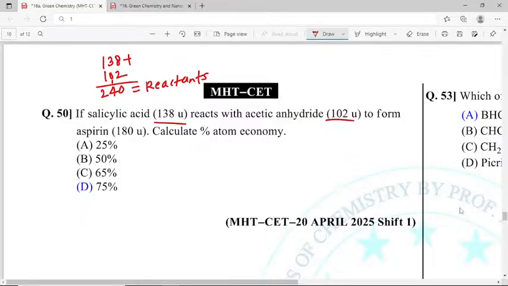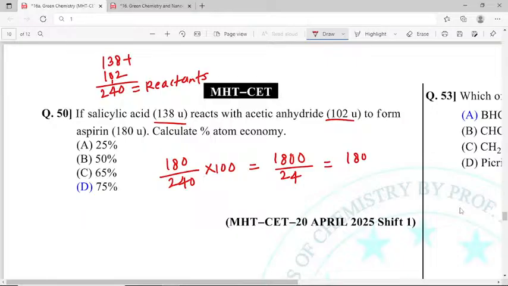Aspirin is the product. So 180 divided by 240 multiplied by 100. The 0 gets cancelled, so 18 divided by 24, again 180 divided by 2.4. Okay, so we will get the answer 75.